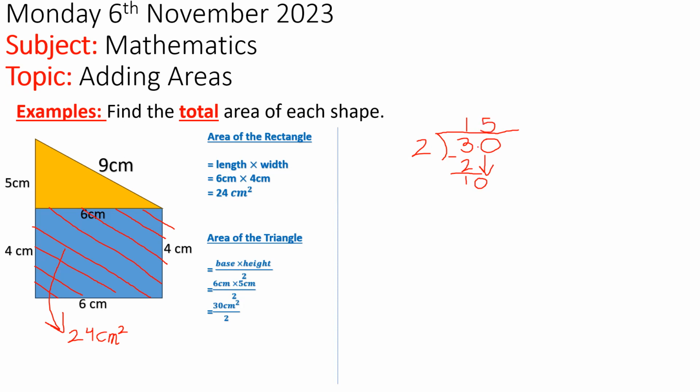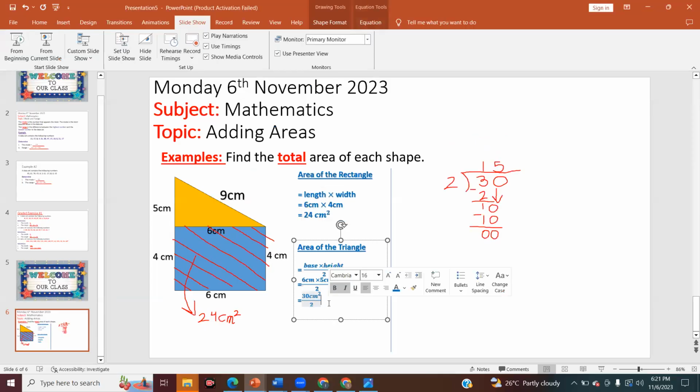So 2 times 5 is 10. Very good. And so 10 minus 10 is going to be what? 0. Okay. So the answer, therefore, is what? 15 centimeters squared.